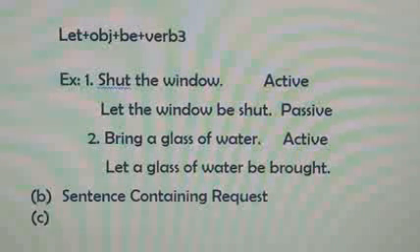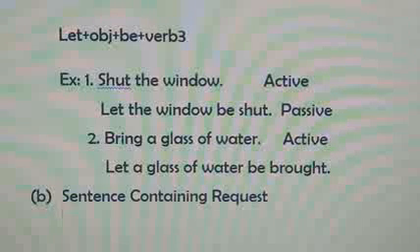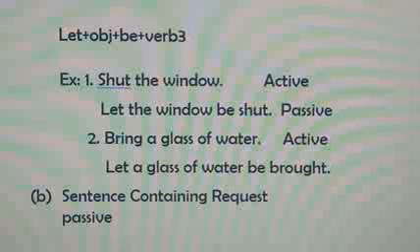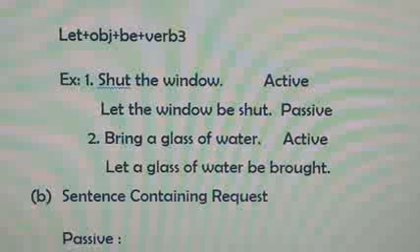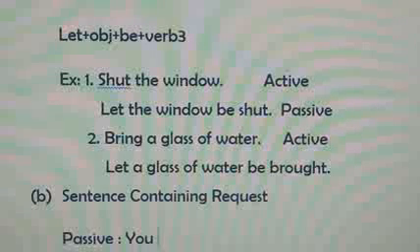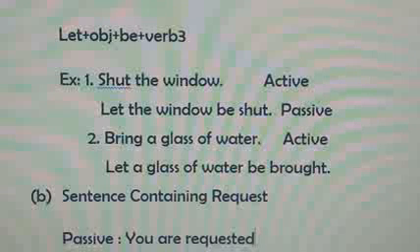In this kind of sentence, my dear children, the structure for passive will be: you are requested, then after that we will add to, then after that we will add the first form of verb.